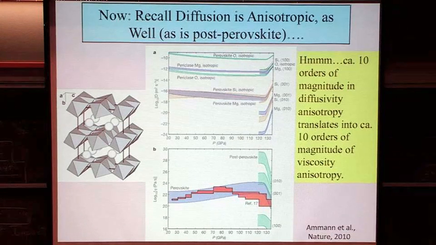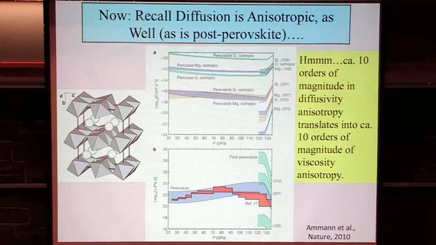And this is a calculation done by the University College London group, Oganov and others. And they calculate values for periclase, for perovskite, isotropic rate for oxygen. But then they calculate directional diffusion rates within post-perovskite.